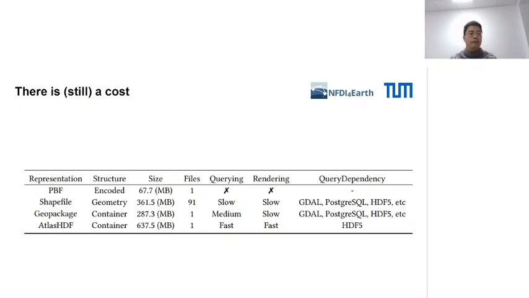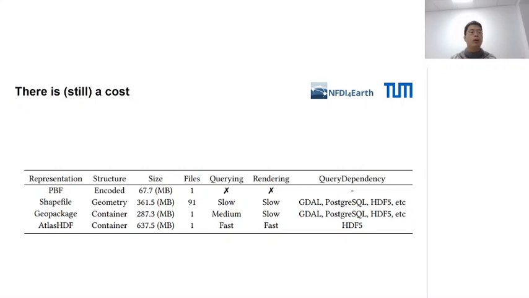We have tested our AtlasHDF concepts with the OSM data from Berlin, and we have compared our data format with another three representations, which are the PBF, shapefile, and the GeoPackage. As we can see here, by sacrificing the size, we can achieve a lot of nice features with the AtlasHDF.